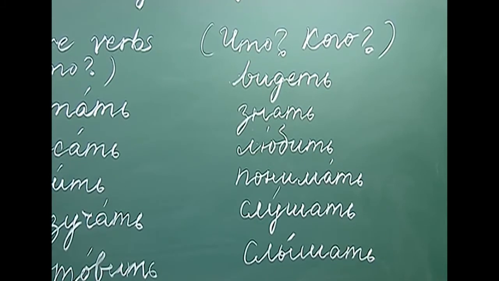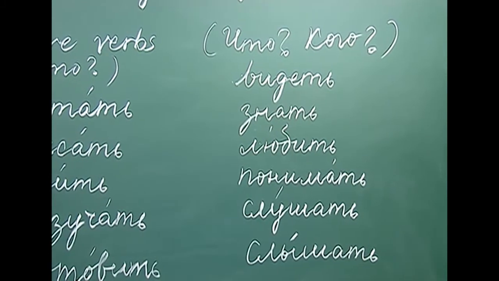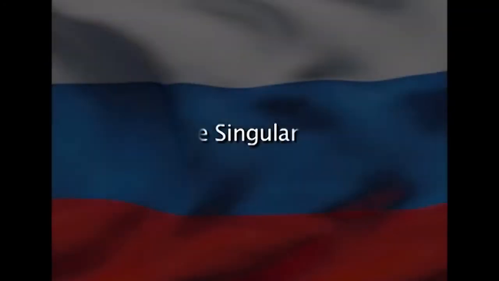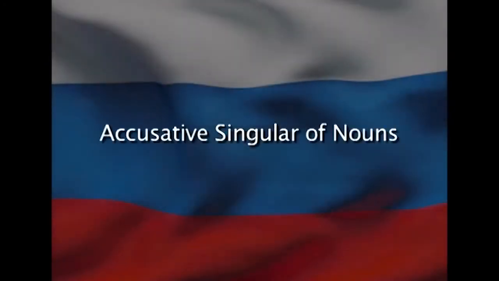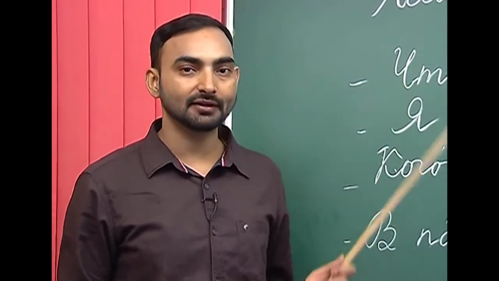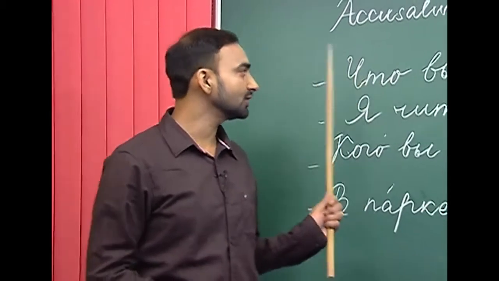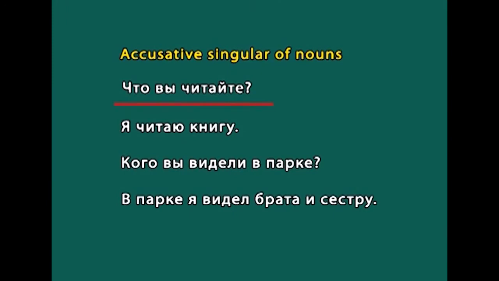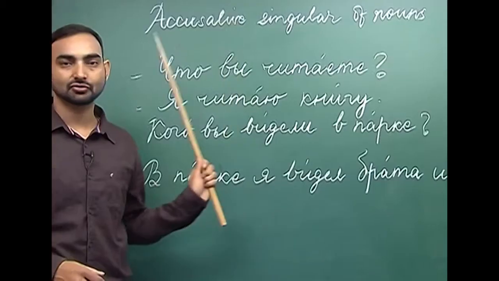So, let us do some examples with these verbs. As we have already discussed, the accusative case of nouns answers the questions что and кого. I have written a couple of sentences here. Let us go through them. Что вы читаете?